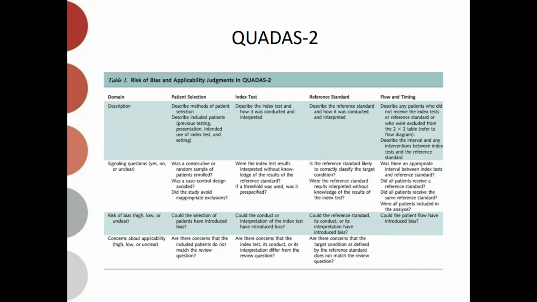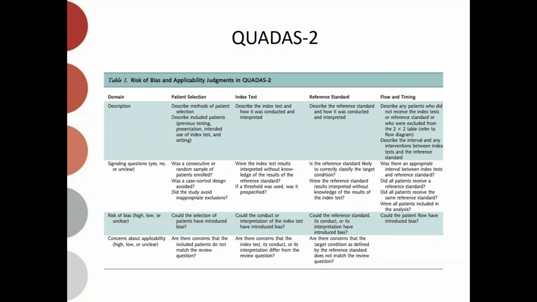So if you had aimed to include this particular type of population, but then what you find in included studies is sort of different, so there's some variation, you can highlight that in your data extraction tool. So when you're designing your data extraction tool, please always have the QUADAS-2 tool in front of you, and this will help you incorporate all these questions into your data extraction tool.